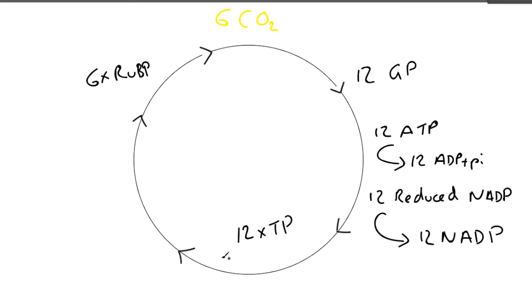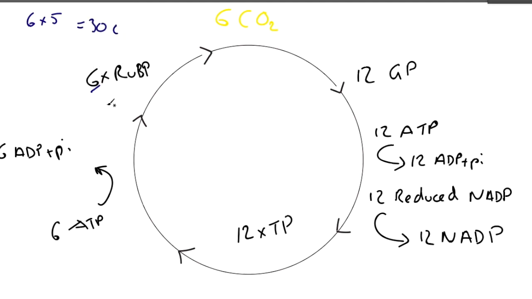and then you'll end up with 6 ATP going in here, because there was only one before, and 6 ADP plus P, which will add up to, I'll do these in a blue colour for carbons, so we'll actually have 6 times 5 carbons in this stage, which is 30 carbons overall.